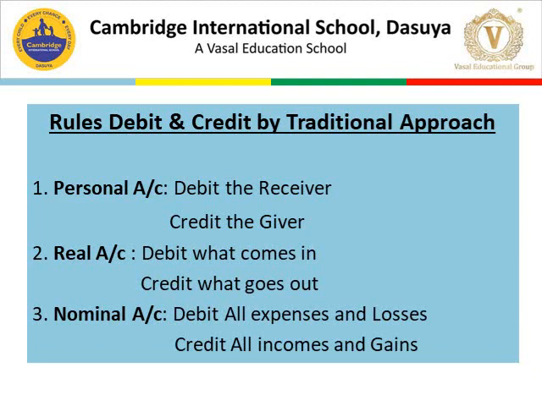Representative persons basically cover expenses and incomes of a group of people or a person. It includes outstanding expenses, prepaid expenses, income received in advance, and accrued income. The rule which is applicable for personal account is debit the receiver and credit the giver.